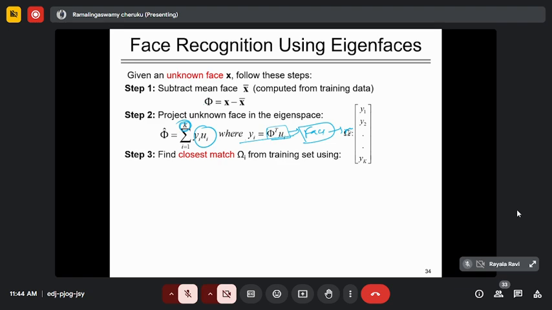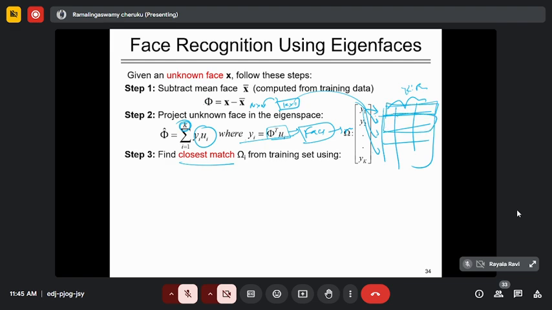Then find the closest match from the training set. For every face in your data set you already computed k features, so you are finding the closest match in the transformed space. The given face, which is n cross n, has been transformed to k cross 1, and this k cross 1 is used for pattern matching or template matching.